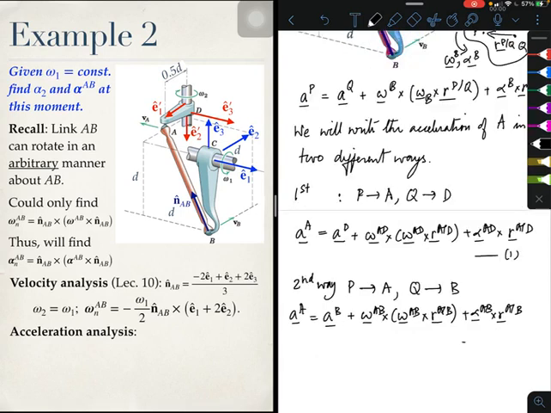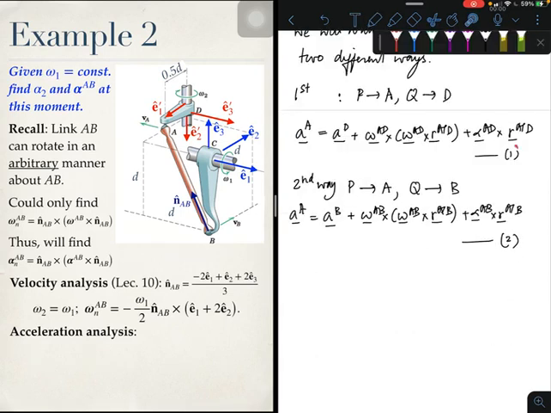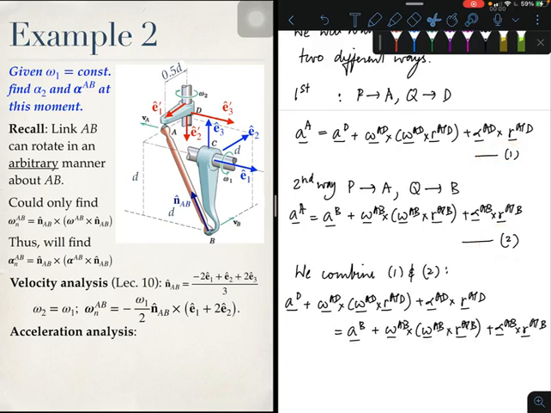Let's call this equation 2. We can now combine equation 1 and equation 2 and we will get this equation. Let's do a preliminary counting of the number of knowns and unknowns in this equation.